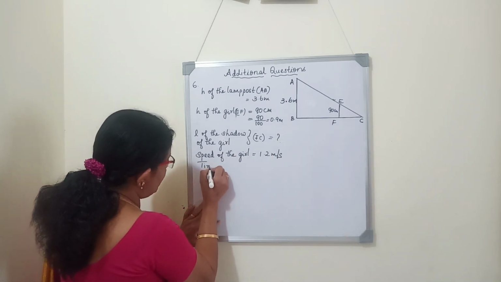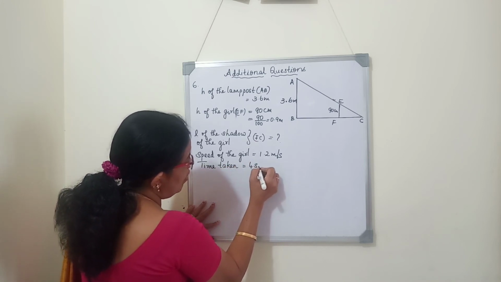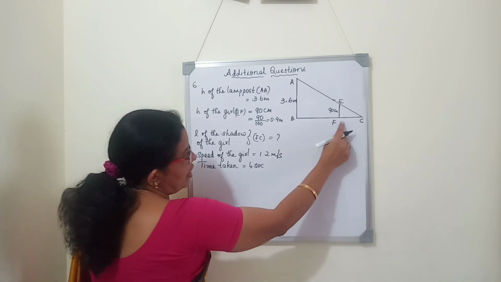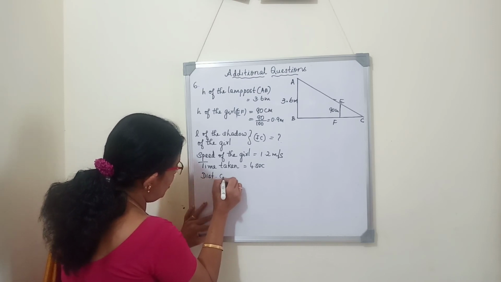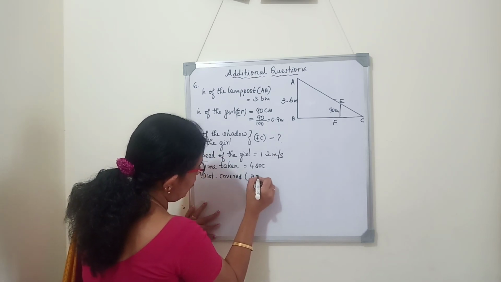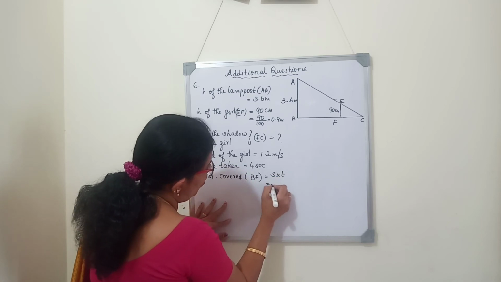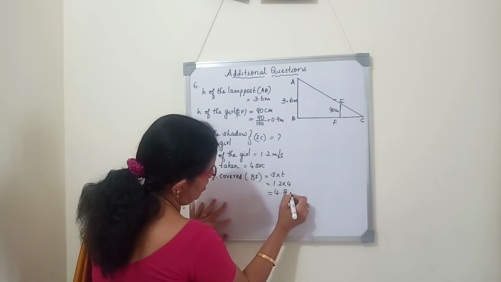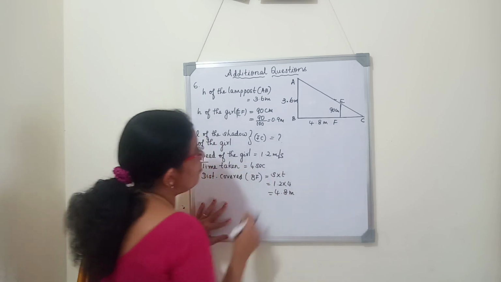Time taken is 4 seconds. So her speed is 1.2 meter per second and time is 4 seconds. What is the distance covered by the girl? Distance covered, that is BF, is equal to speed into time, as you all know. So 1.2 into 4 is 4.8 meter. So BF is 4.8 meter.